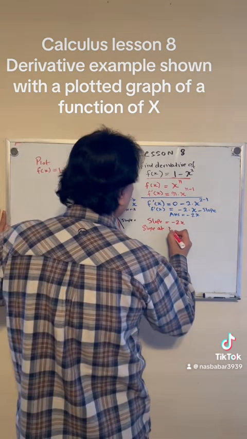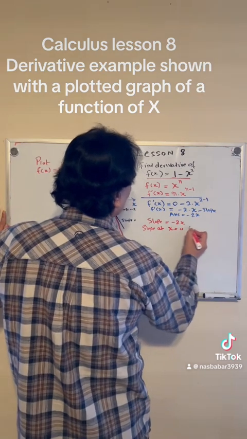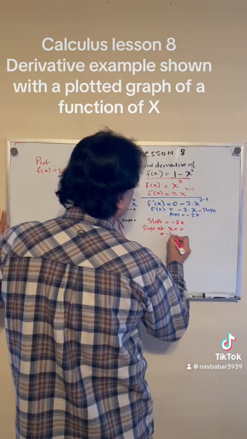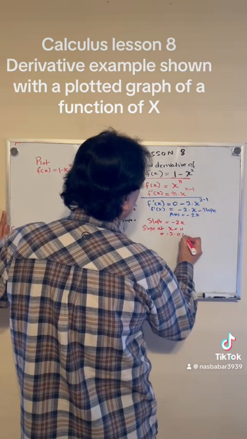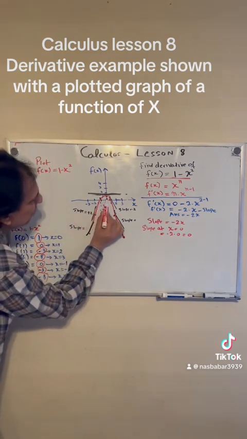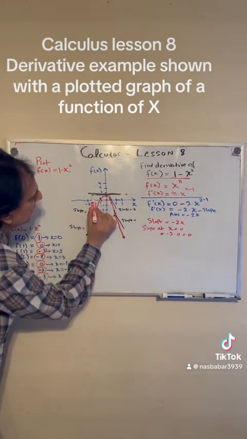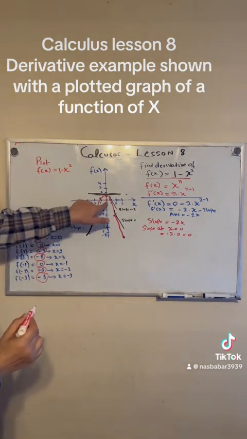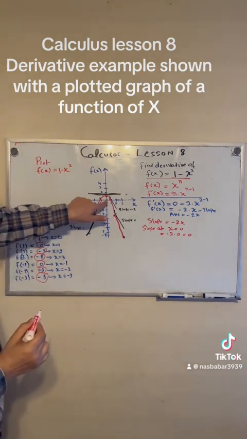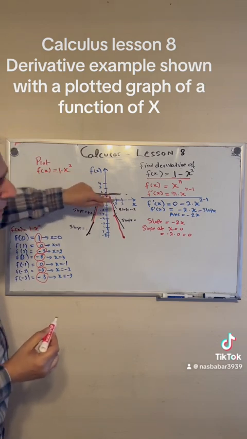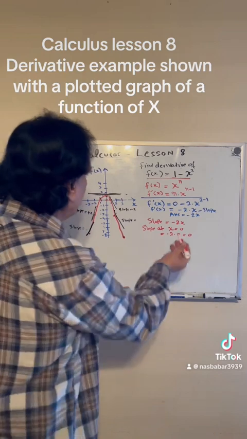If I plug in, minus 2 times 0 is equal to 0. As you can see, if you draw a straight line right here, it's a constant. So that's why it's 0.